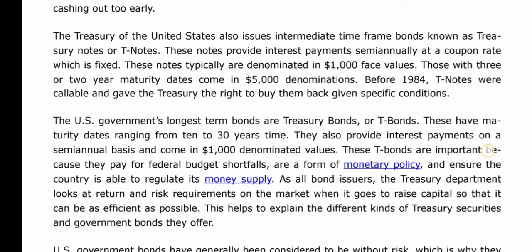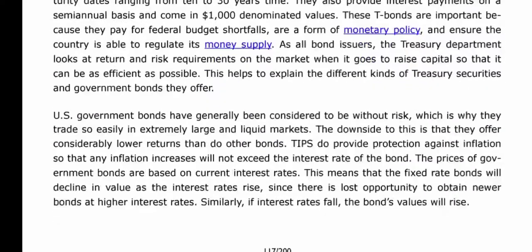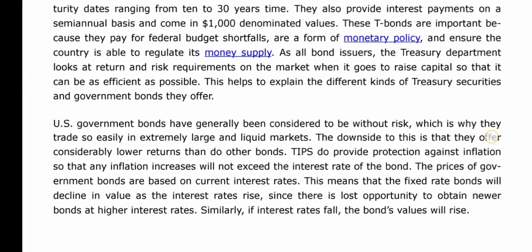They are important because they pay for federal budget shortfalls, are a form of monetary policy, and help ensure the country is able to regulate the money supply. The bond issuer, that is the Treasury Department, looks at the return and risk requirements on the markets when it goes to raise capital so that it can be as efficient as possible.